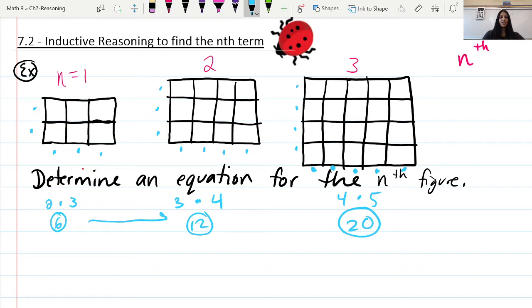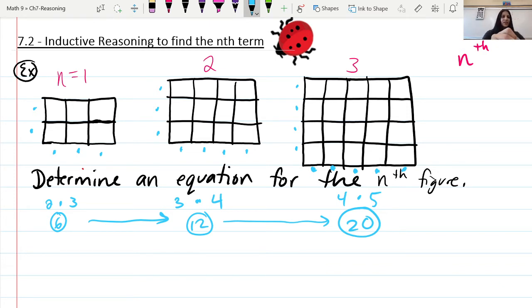If I look at this, this is going up by 6. And if I look at this, this is going up by 8. So it's not a linear relationship where I have the same common difference between them. That's when I know I'm probably looking at multiplication. So I'm looking to multiply 2 values together to come up with the number of squares in the diagram.